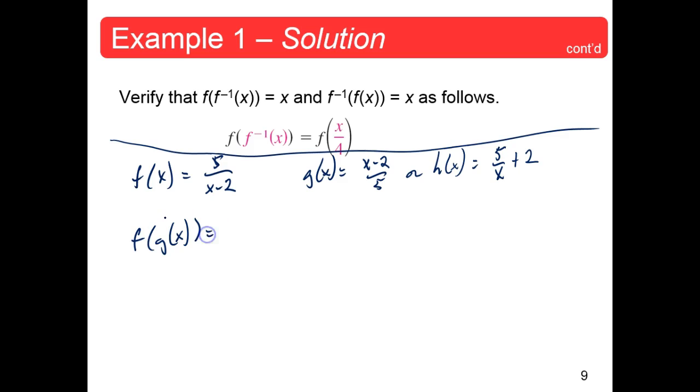Well, we'll plug in the g first, so that's just going to be f of, the g function is x minus 2 over 5. Okay, now the f function says you start with the number 5, divide it by what's inside the parentheses, the x there, but in this case it's x minus 2 over 5, and then subtract 2 from that.